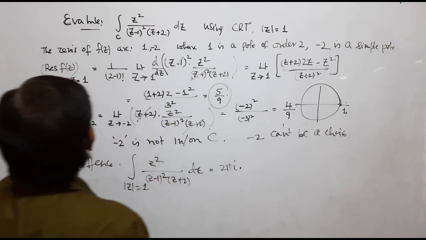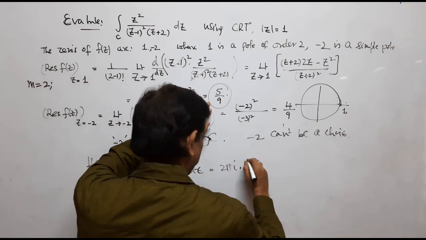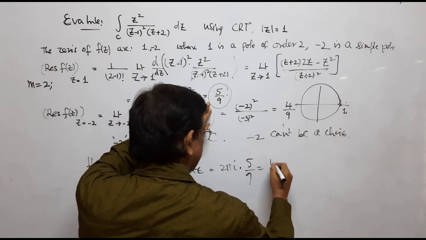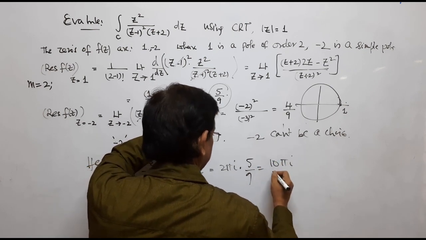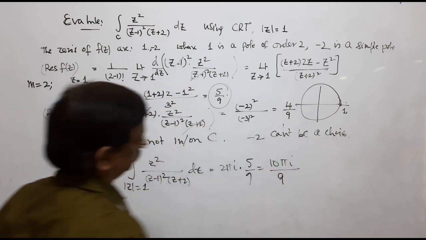So 2 pi i into, for z equal to 1, 5 by 9. So 10 pi i by 9.